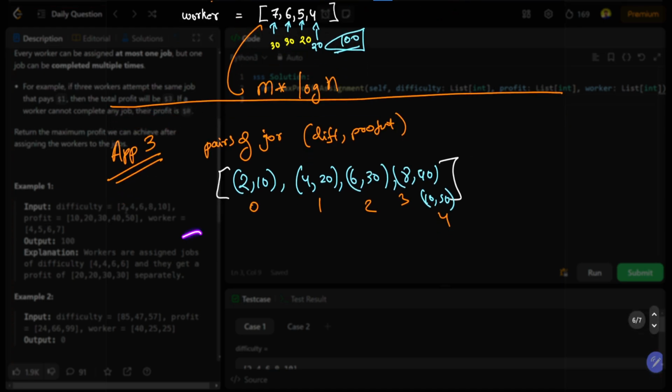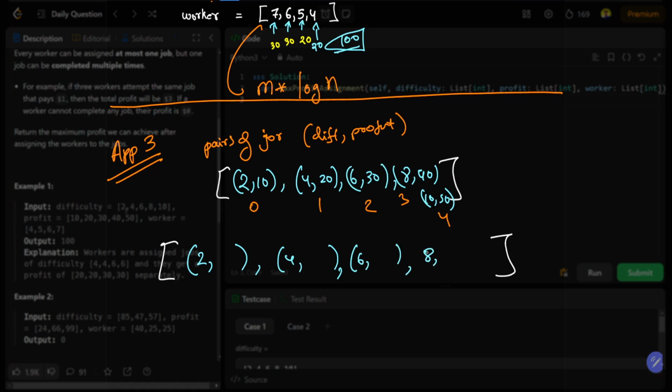I have this structure again, and I fill my data: I have 2 comma something, 4 comma something, 6 comma something, 8 comma something, and 10 comma something. Now, something here means I replace its value based on the highest value they have.